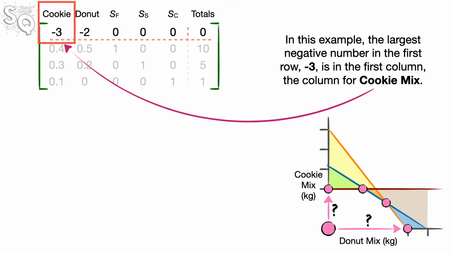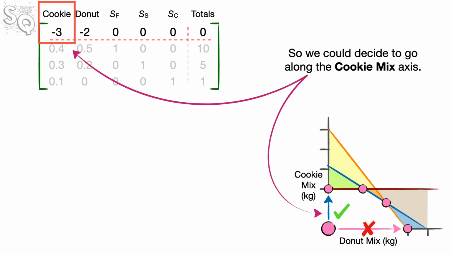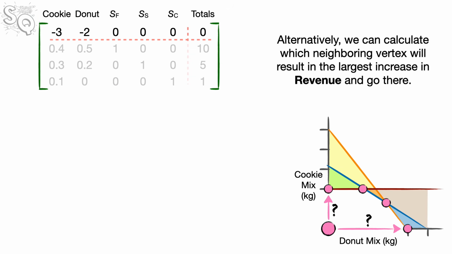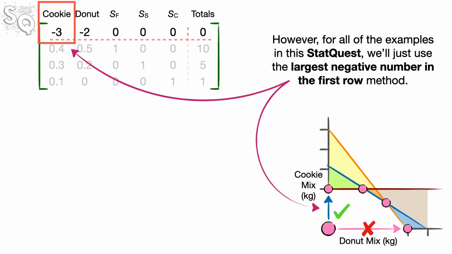In this example, the largest negative number in the first row, -3, is in the first column, the column for cookie mix. So we could decide to go along the cookie mix axis. Alternatively, we can calculate which neighboring vertex will result in the largest increase in revenue and go there. However, for all of the examples in this StatQuest, we'll just use the largest negative number in the first row method.